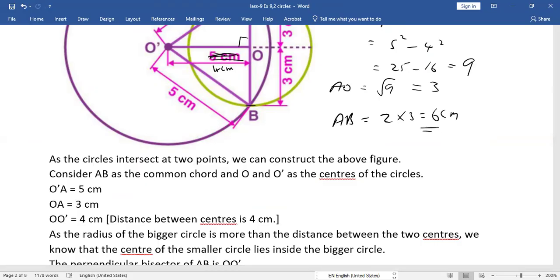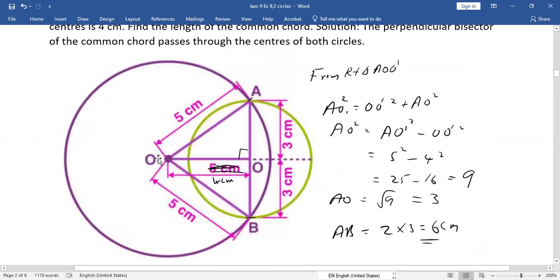That is all. Like this you can do. Because you draw this center line and the common chord, and these two right triangles, we got AO. Double of that will be AB, the common chord, because it bisects the chord, it's perpendicular, the shortest distance. I think you understand. This is one method.